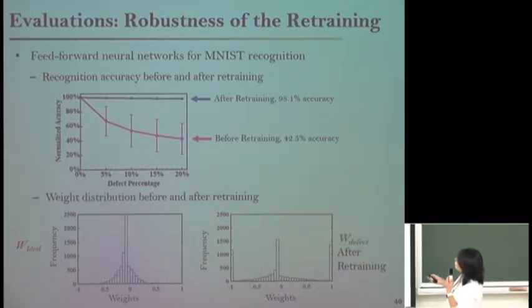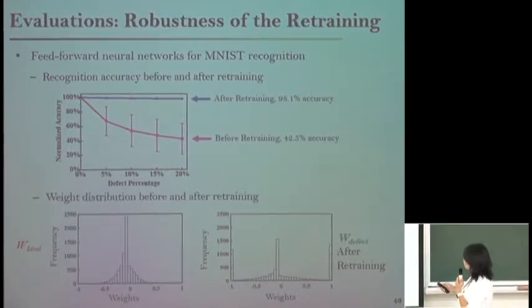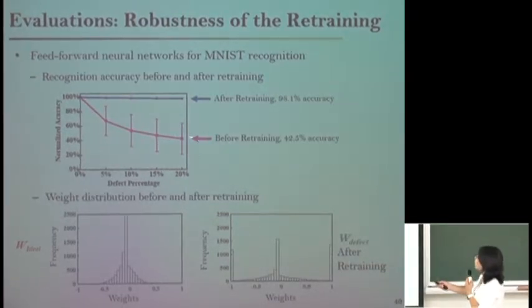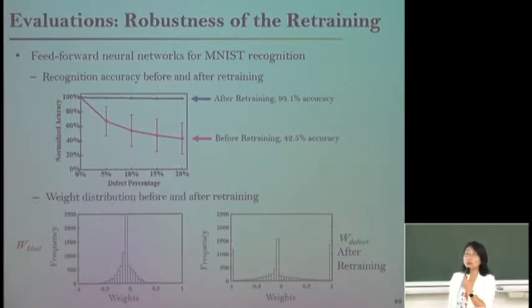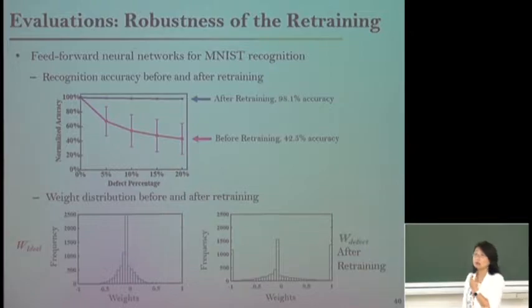But the result is quite good. Before retraining, this is the trend we just presented. After retraining, you can see even with defect percentage up to 20%, the overall system accuracy is close to a normalized 100%.